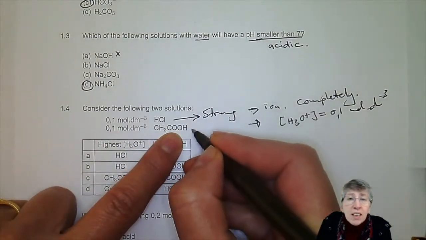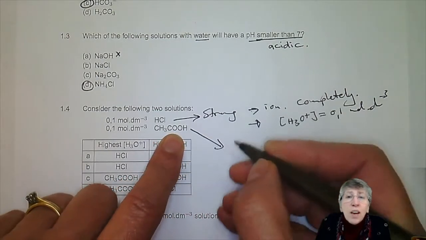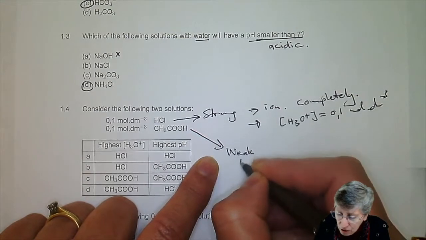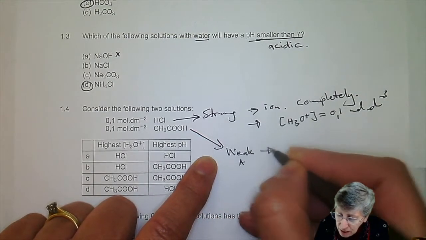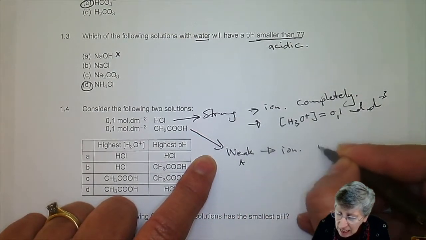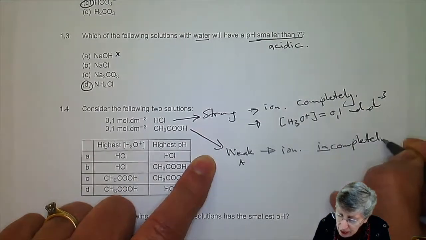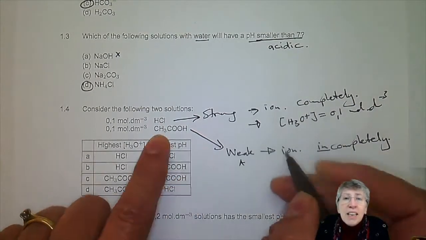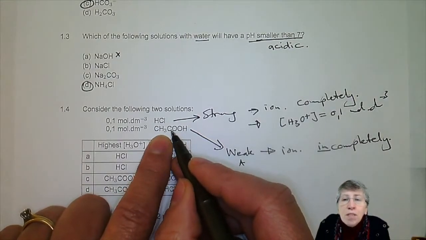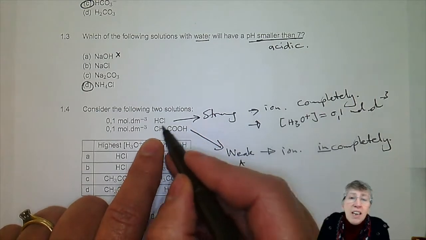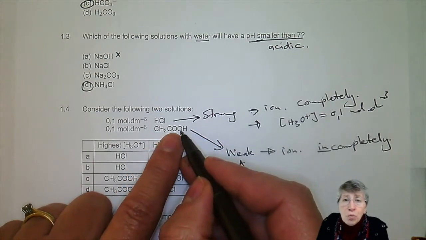Then we look at acetic acid or ethanoic acid. Now, what do we know? That is a weak acid, right? So that tells me this one ionizes incompletely. If it ionizes incompletely, it means only some of the molecules will ionize. Most of them will stay in their original molecule form, right?